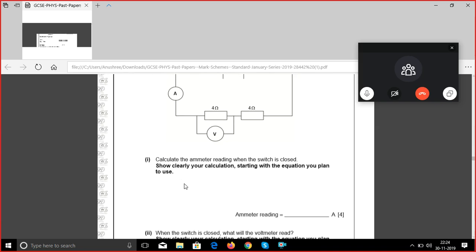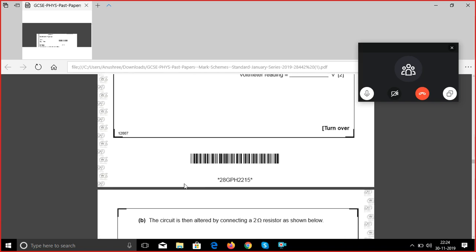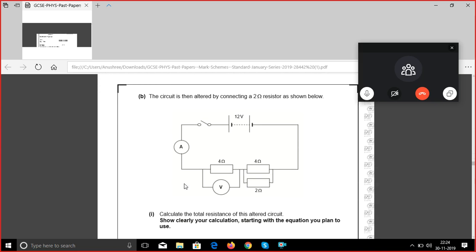All right. Question B. The circuit is then altered by connecting a 2 ohm resistor as shown below. So calculate the total resistance of this altered circuit.